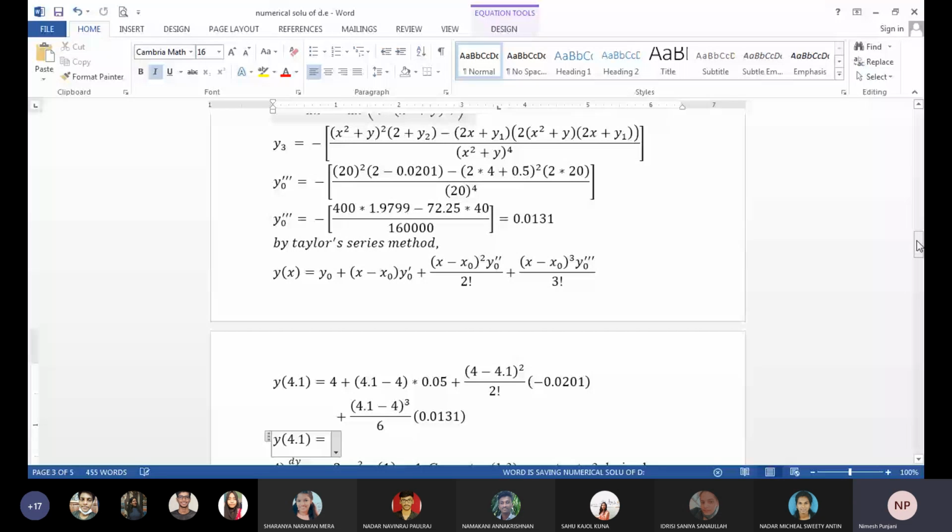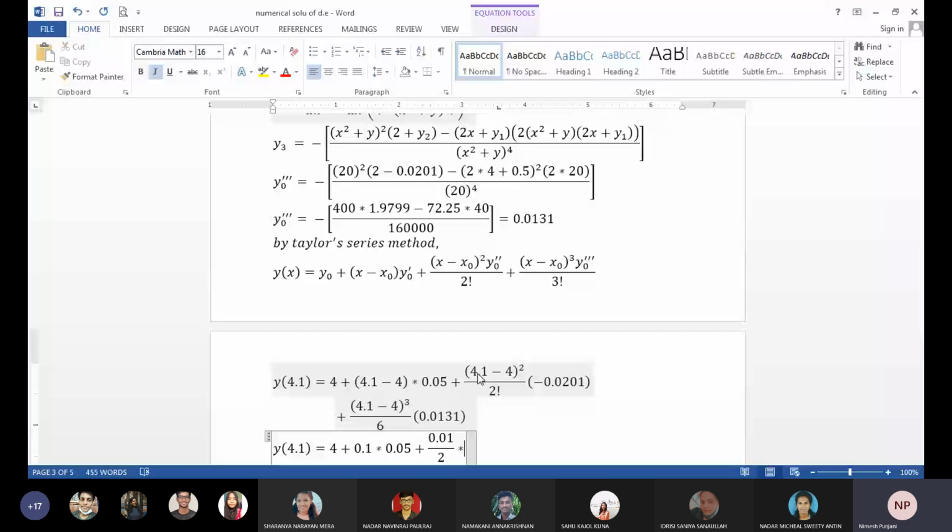So I have 4.1. Y of 4.1 will be 4 plus 0.1 into 0.05 plus 0.01 because 0.1 ka square. Okay, here also I have written it the wrong way. It is 4.1 minus 4, 0.1 divided by 2.